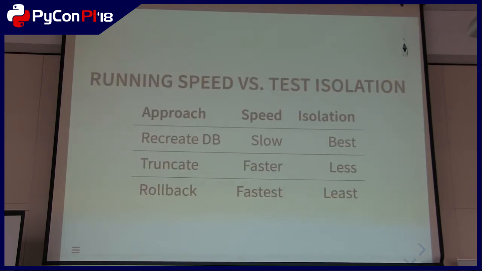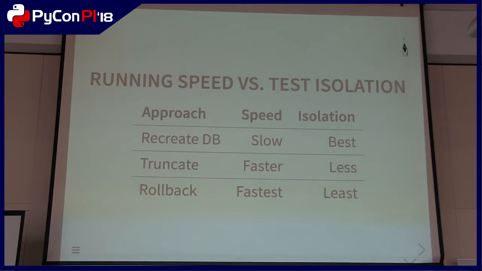We fixed the global state on the Python level, but the database itself is a shared resource. It should be in the same state before each test run. Here you can see a couple of ways of doing it.